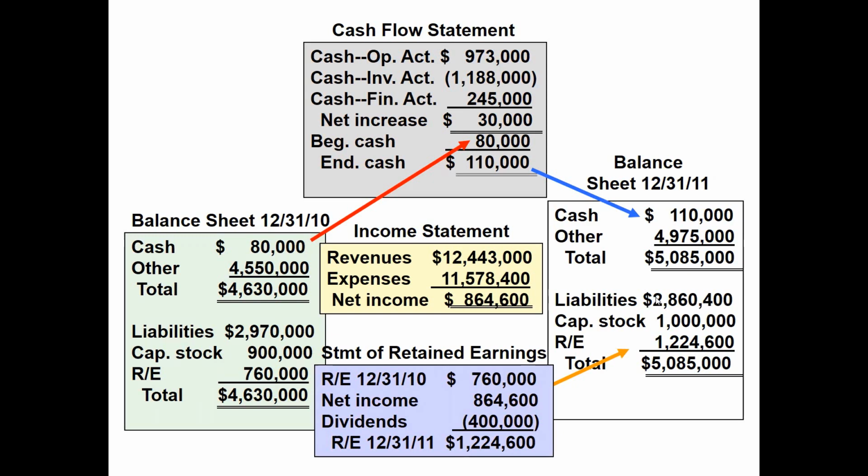You add this 2 million to 2,860,400 to the 1 million, which gives 3,860,400. It means this is not equal to the total here, the 5 million. So when you subtract the 3 million, which is the addition of the capital stock plus the liability, from the total asset, that gives you the retained earnings.